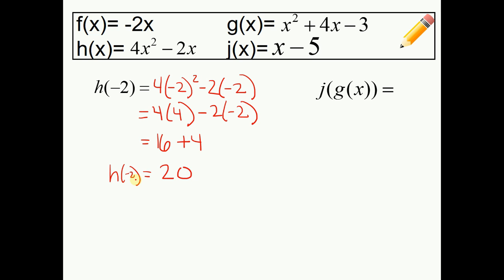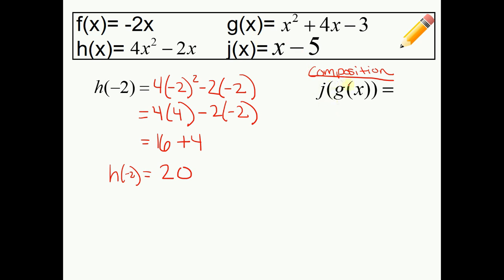Now, let's take that information, that idea of function notation, and transfer it to what's known as a composition. So this kind of problem is a composition. They look kind of creepy, but they're not too bad. j of g of x. Now, calm down. Let's see what this means.